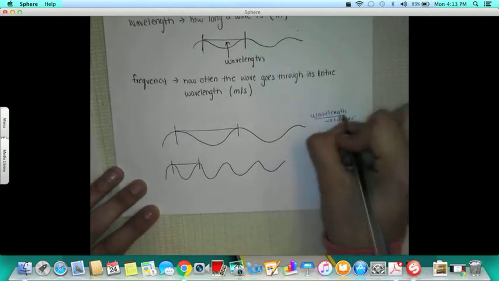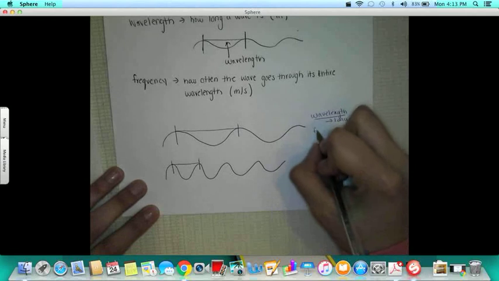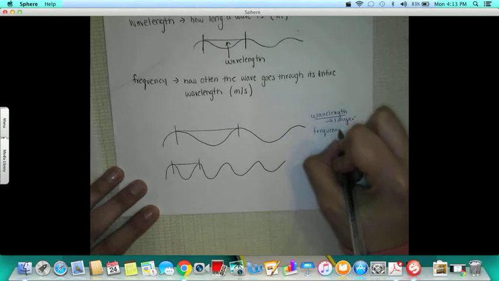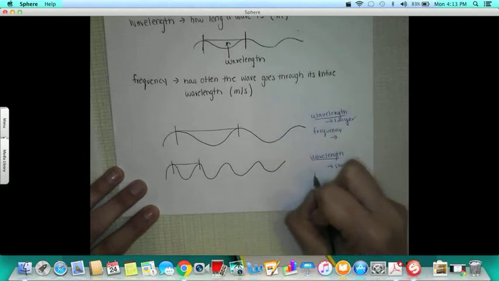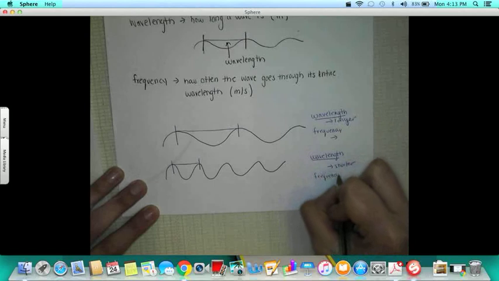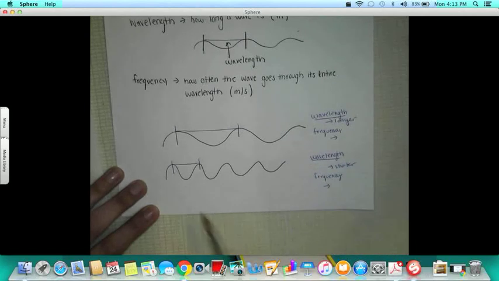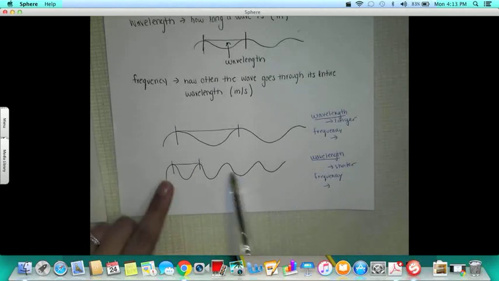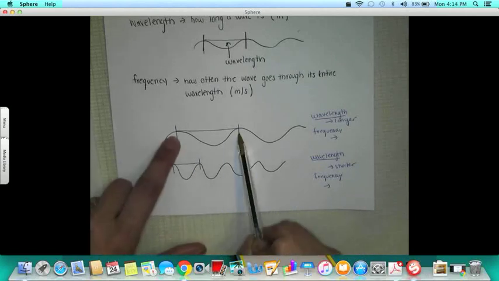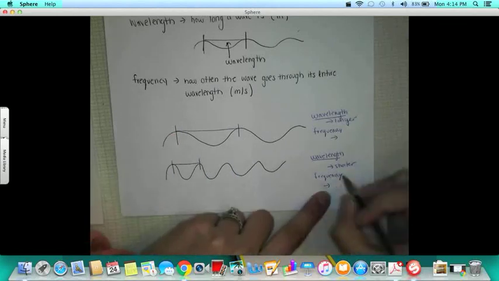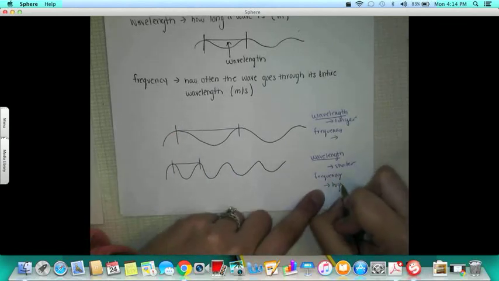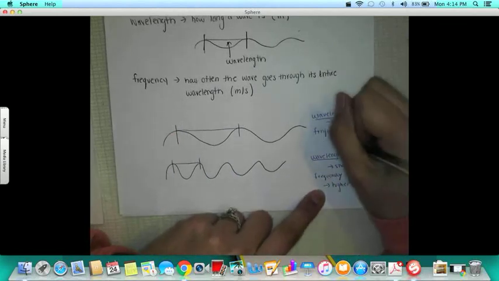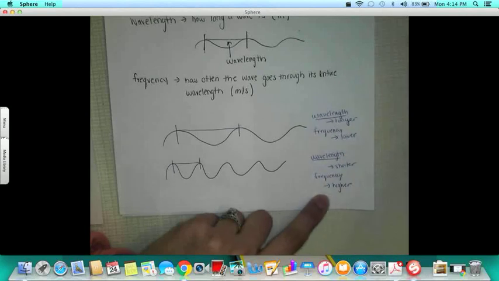Now, when we think about frequency, remember that is how often we can get through the wavelength. So because this is a shorter wavelength, we'll be able to get through it faster, right? We can get through 2.5 wavelengths by the time we get through one here. So this one's going to have a higher frequency, and this one is going to have a lower frequency.